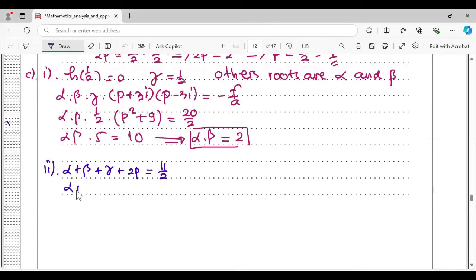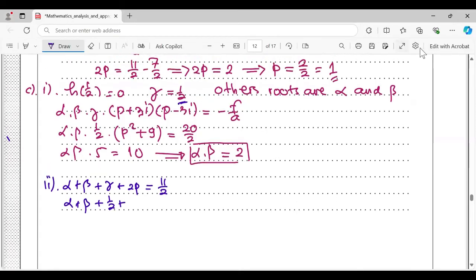So alpha plus beta plus half, because gamma equals half, plus 2 times 1, p equals 1, so plus 2 equals 11 over 2.